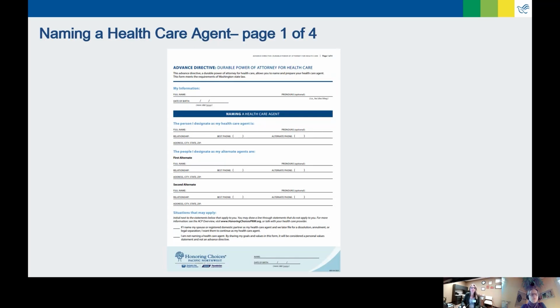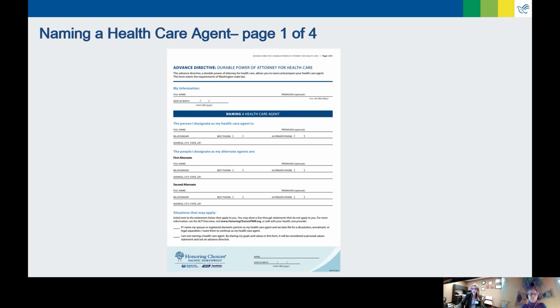So as I stated, this document gives space for a primary agent and then 2 alternates. We'll talk a little bit more about naming alternates, but the alternates would only come into effect if the primary person you named was unable or unwilling for whatever reason to step into that role. You do not have to name two alternates, but it does give space to do so.